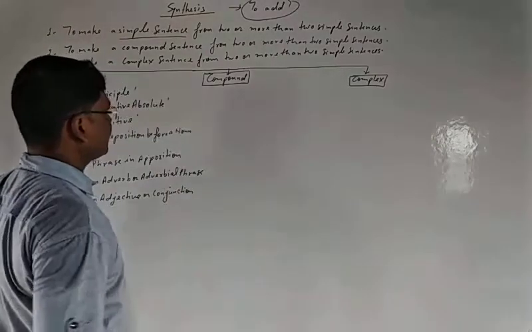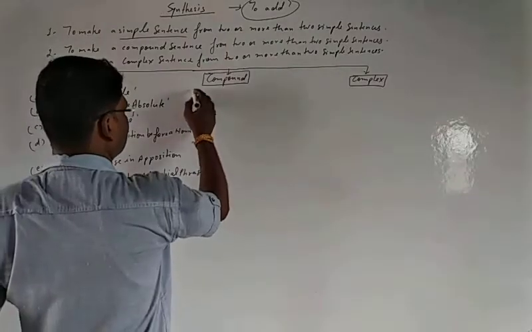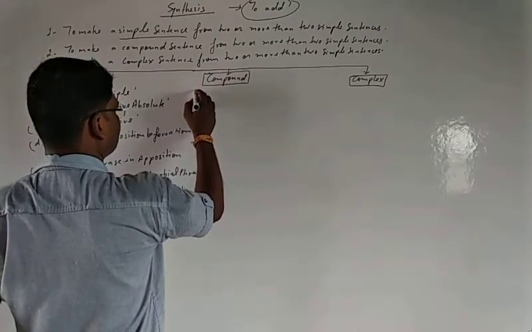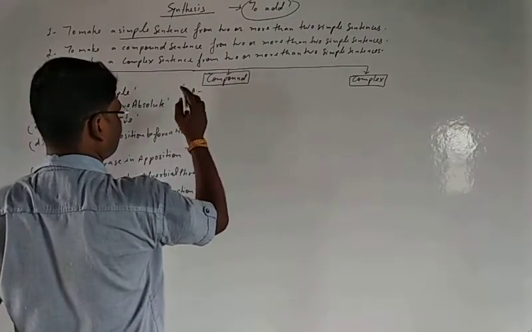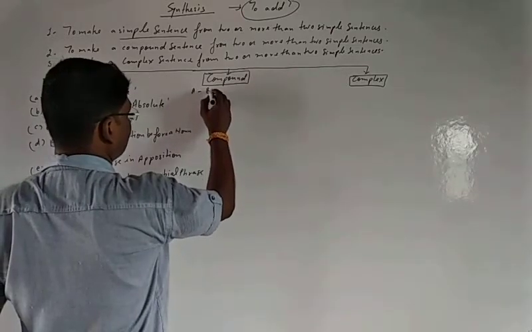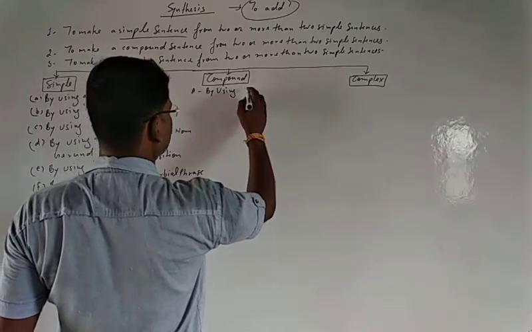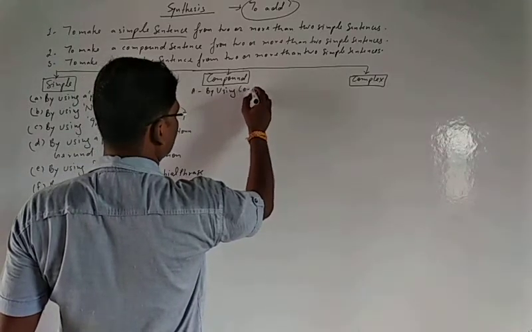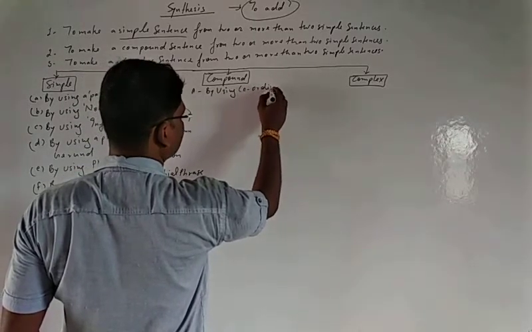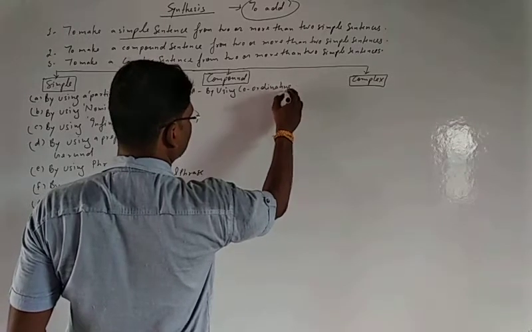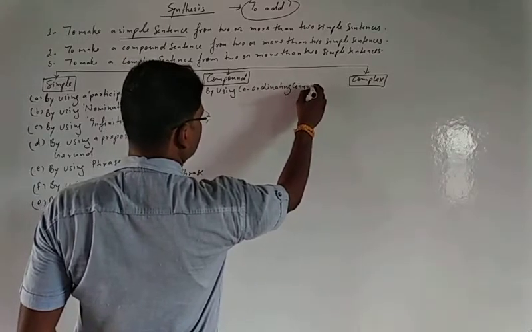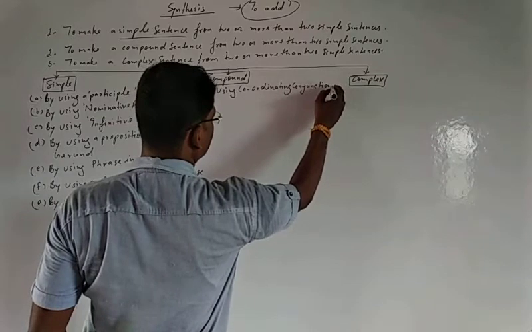In compound sentence, there are two things. At first, by using coordinating conjunctions.